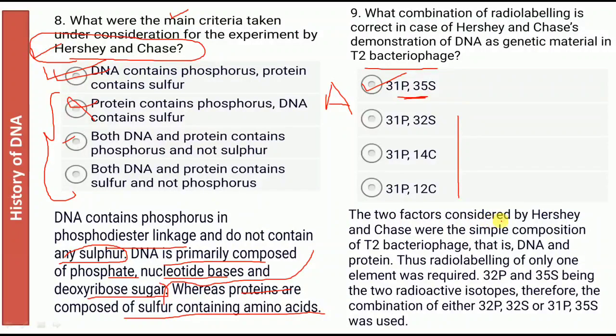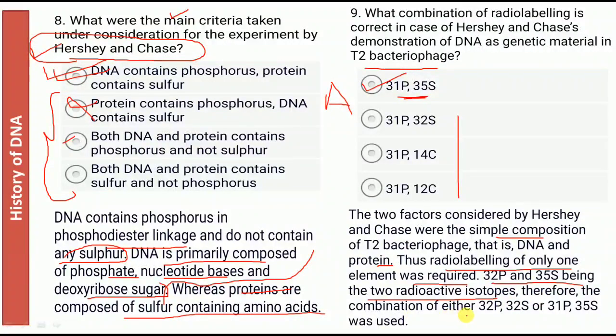So the two factors considered by Hershey and Chase were the simple composition of T2 bacteriophage, that is DNA and protein. Thus radiolabeling of only one element was required, 32 phosphorus and 35 sulfur being the two radioactive isotopes.